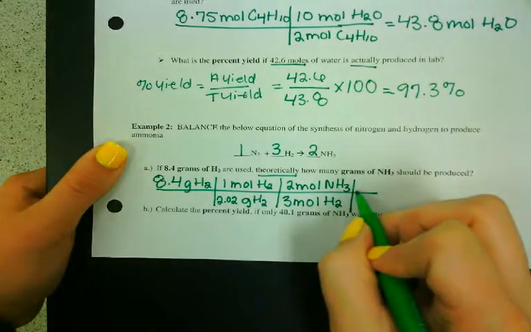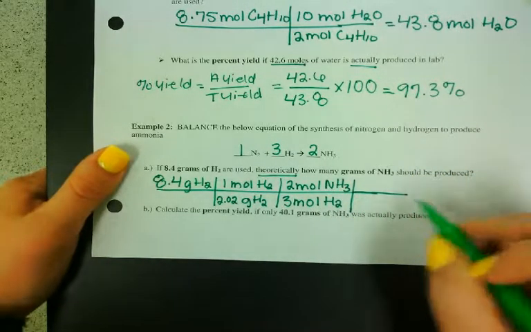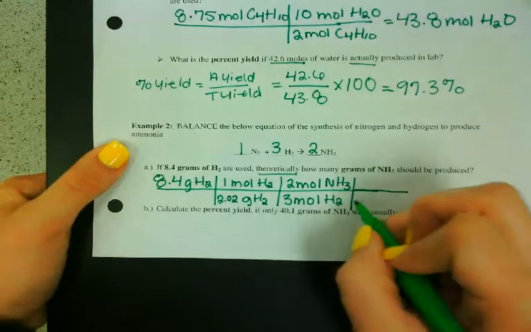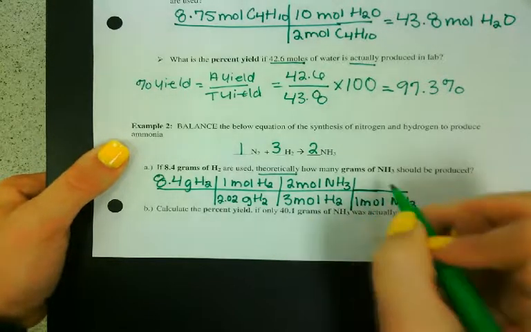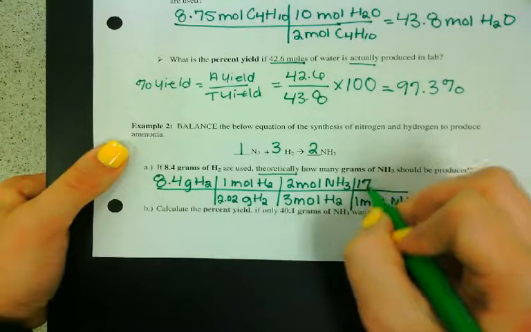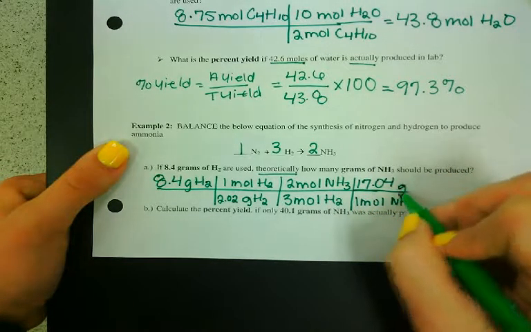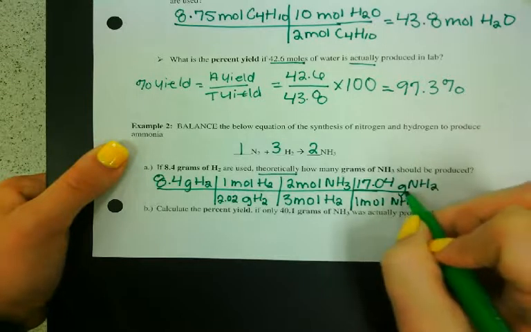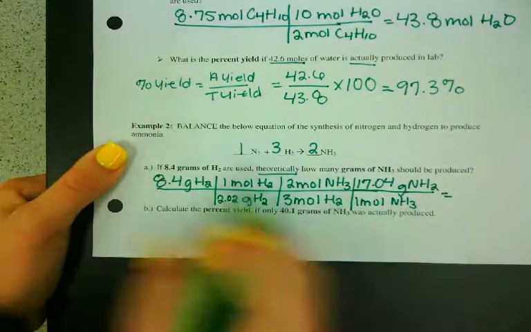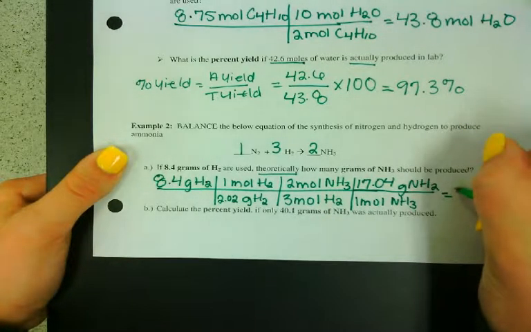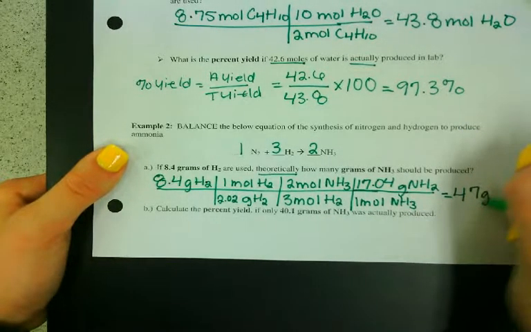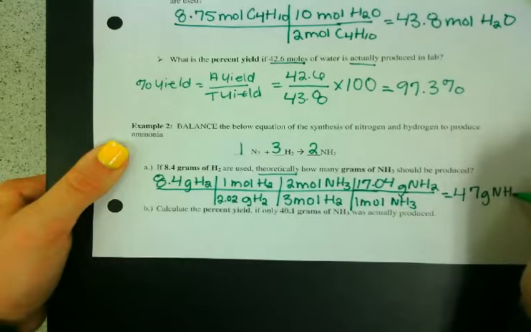And now I need to go from moles of ammonia to grams of ammonia. So for every 1 mole of ammonia, there are 17.04 grams of ammonia. So now I multiply the top and divide by the bottom, and I should get 47 grams of ammonia being produced.